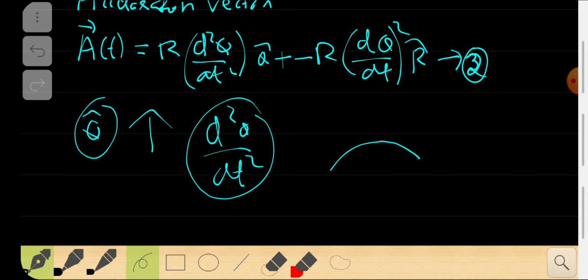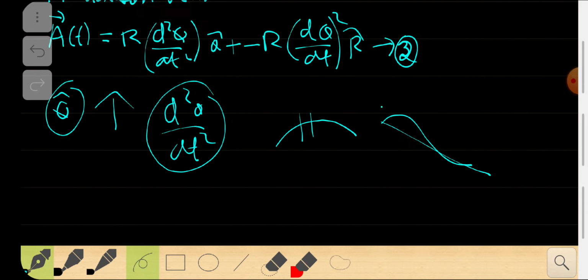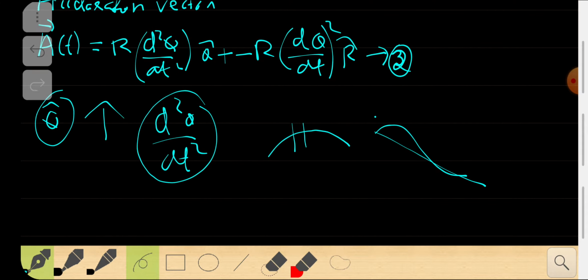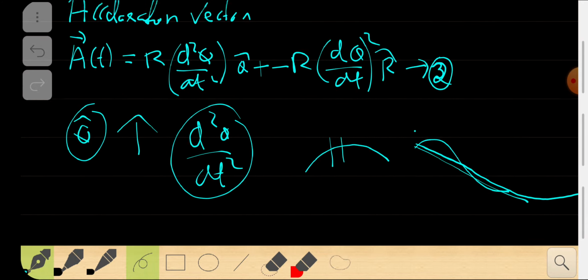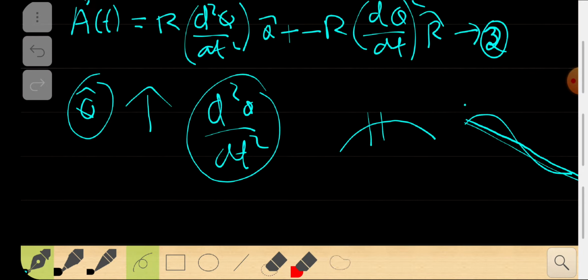It's like magnifying something and then magnifying the magnified, like looking into the deeper characteristics of a curve. If this is a curve, you find the tangent, and then you look at where the tangent goes. That's what is meant by looking at the second derivative.